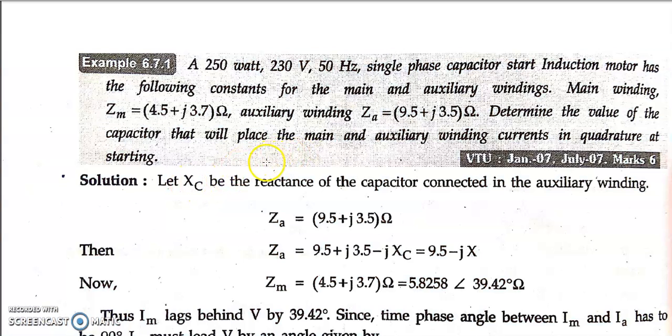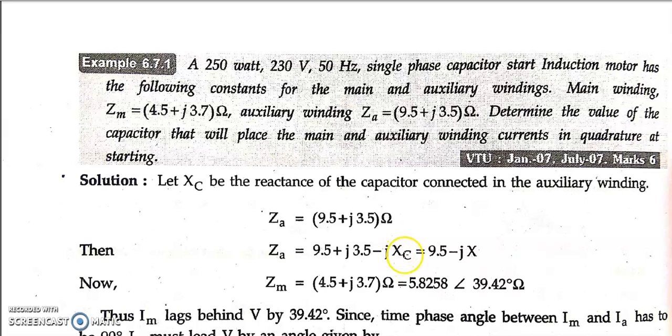First, remember we are going to insert the capacitance in series with the auxiliary winding and not with the main winding. So let Xc be the reactance of the capacitor connected in the auxiliary winding. We take the auxiliary winding, whose value is 9.5 + j3.5, and since I'm adding a capacitor, it becomes minus jXc.